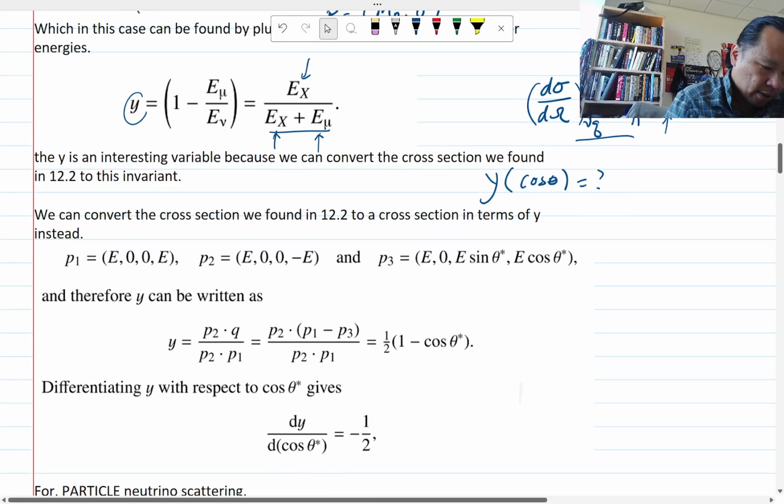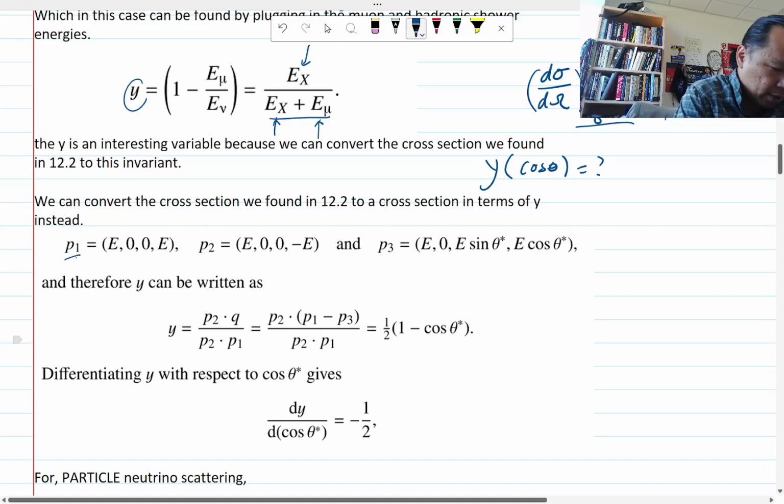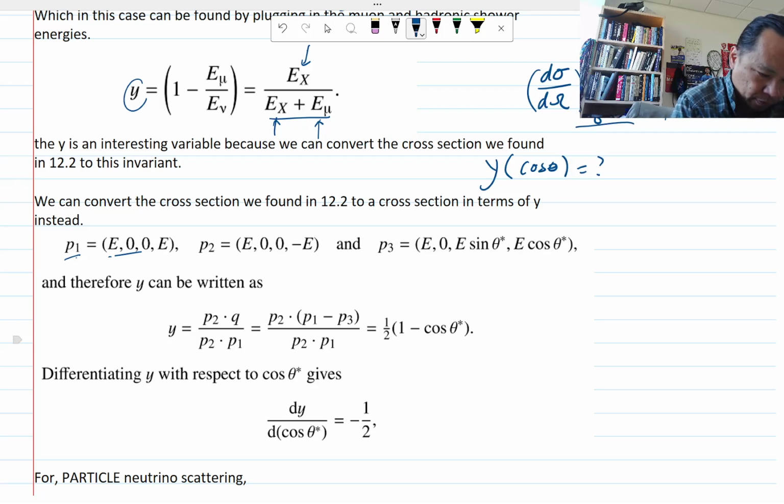So if we put in the momentum for our little collision, let's say we have a collision in general, so we have P1, the neutrino. Since this is all Lorentz invariant, we actually don't care which frame of reference we calculate this in.